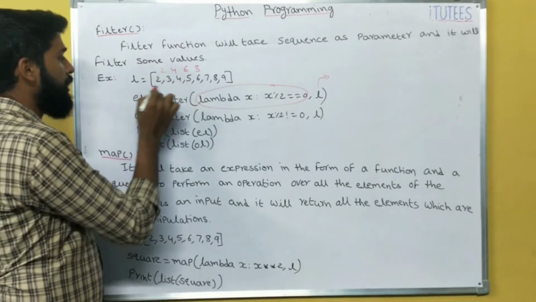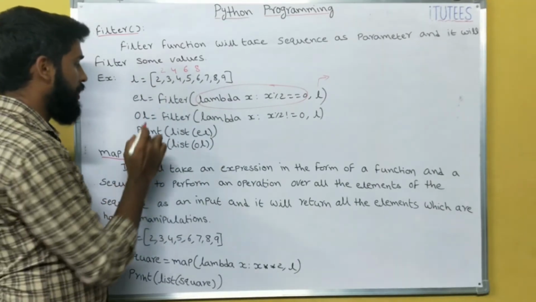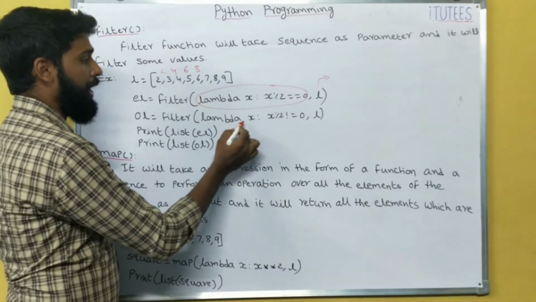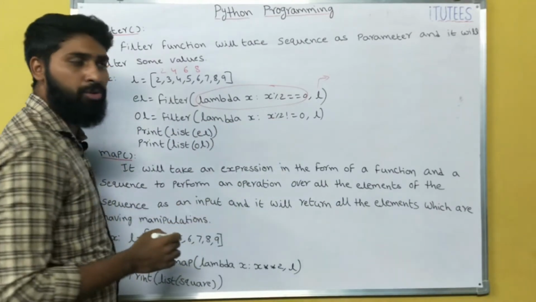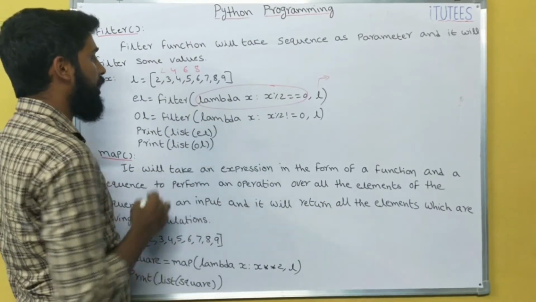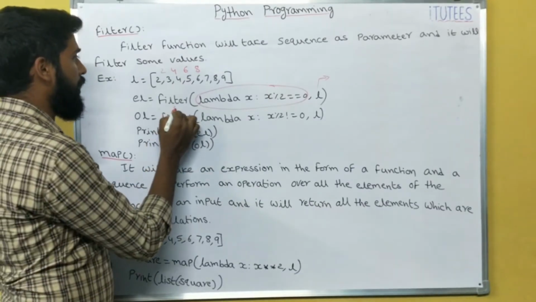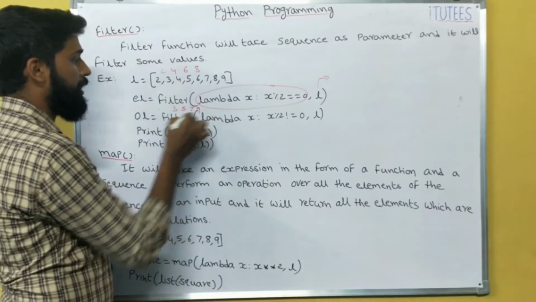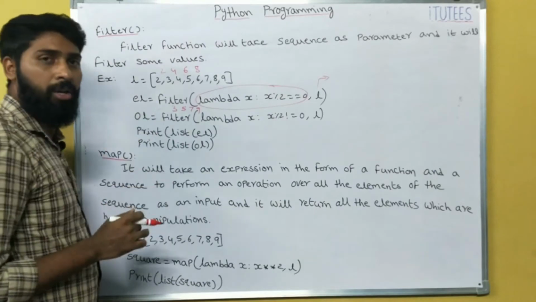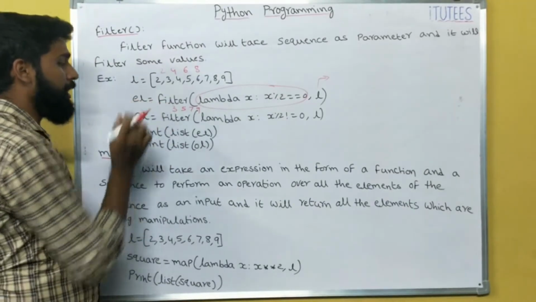These are stored in EL. Next, filter lambda of x percentage 2 not equals 0. That means all the odd numbers, that means 3, 5, 7, 9. These numbers are stored in OL. So that means odd list and even list.